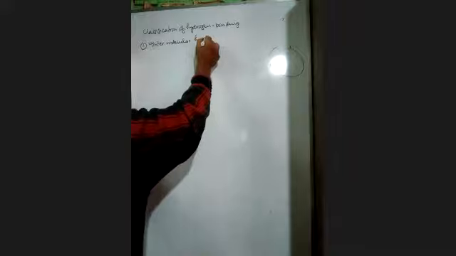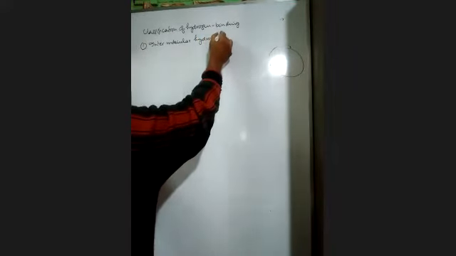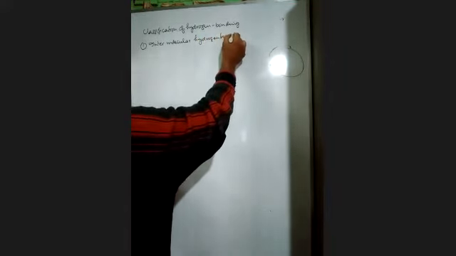Hydrogen bonding is of two types: one is intermolecular, and the second one is intra. Please remember, intra means within, and inter means between or among.